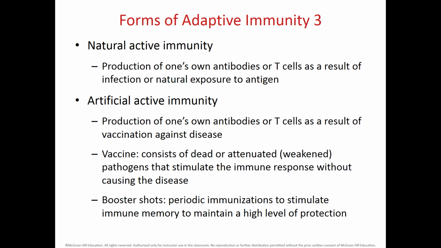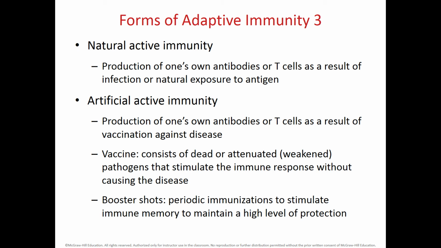Now, the difference between natural and artificial is that although in artificial active immunity you produce your own antibodies, it is only when you get artificially induced or exposed to antigens that you start developing these antibodies.